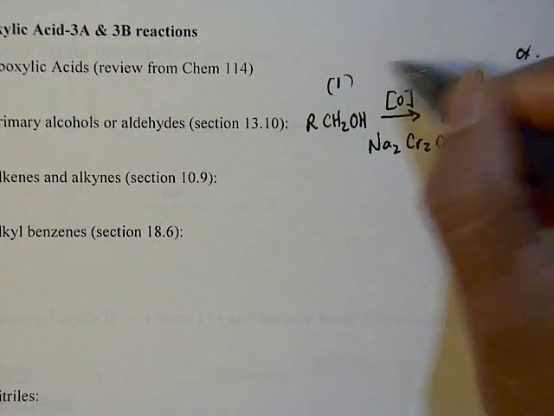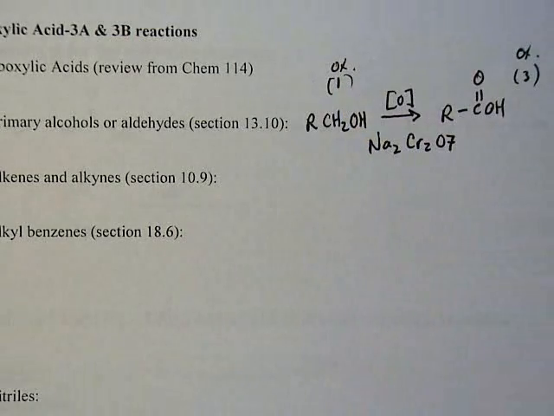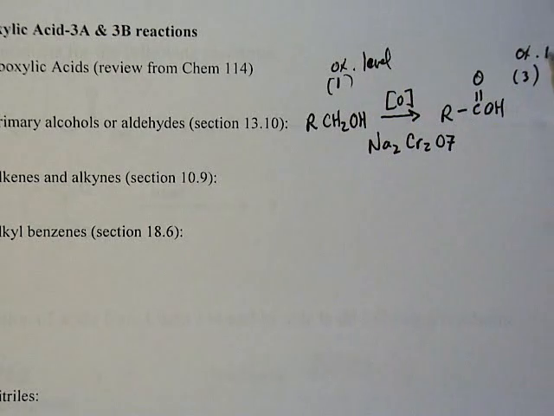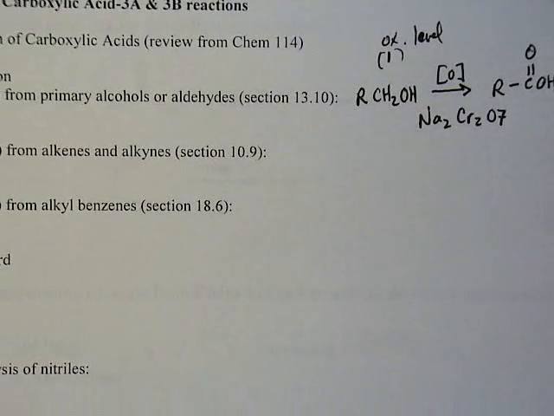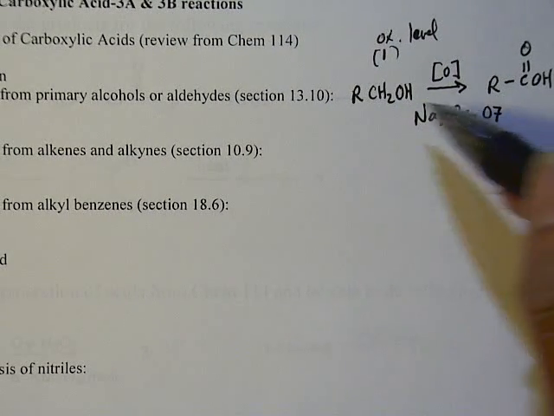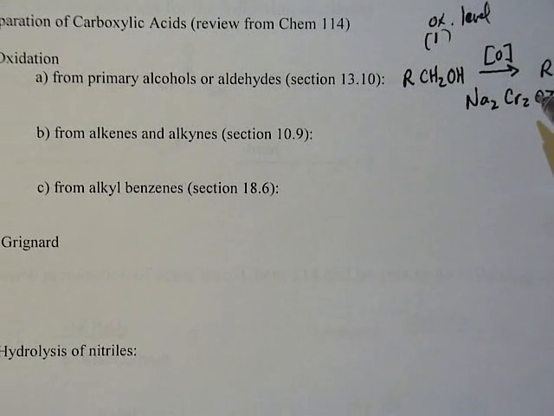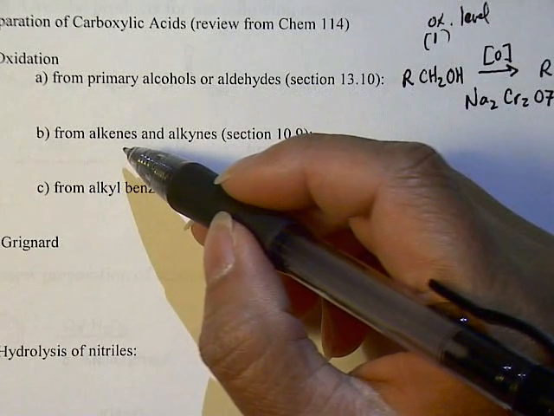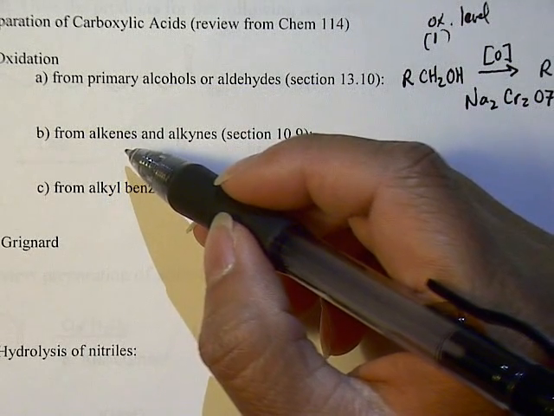All right, so that's one easy way to make acids. This method would keep the same number of carbons, and you're just doing a functional group interconversion.